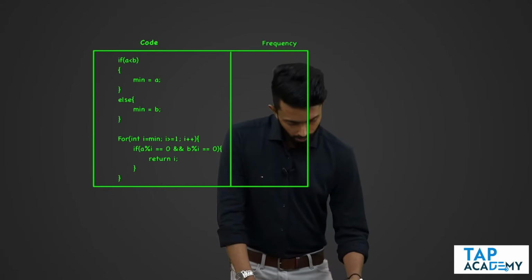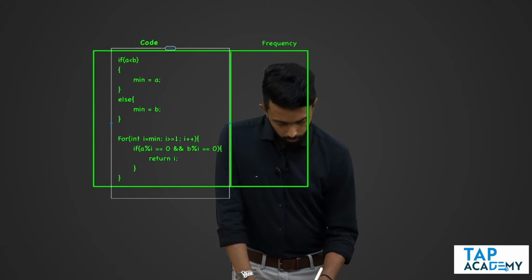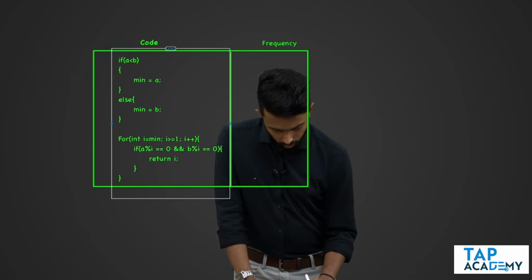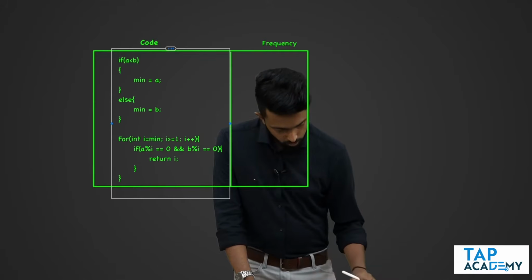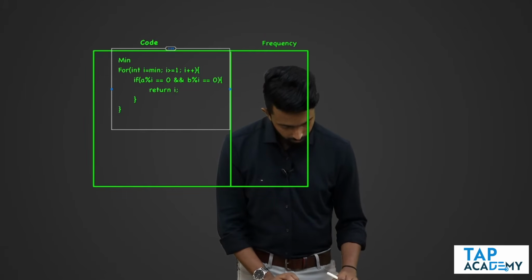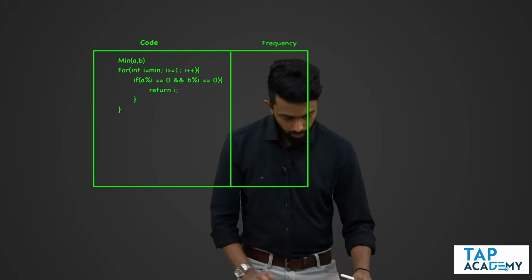Let us just do it this way, alright. Let us take all this code and reduce it, and I will just call it calculating the minimum of A comma B, like this. Would you agree, friends?